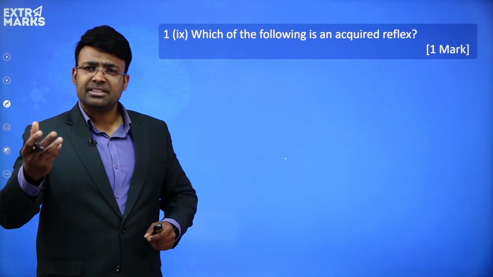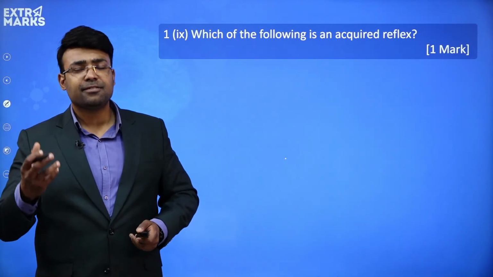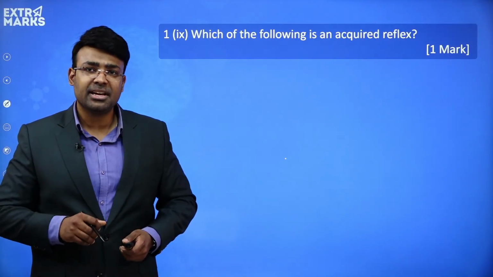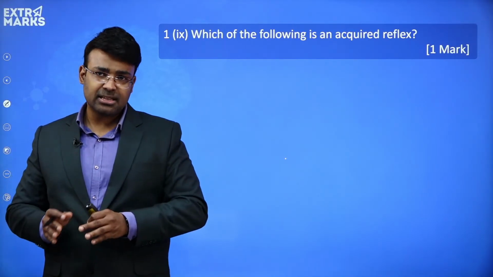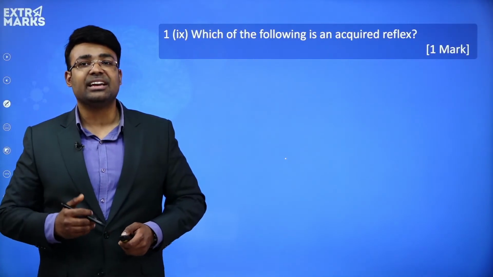That's a reflex we are born with. Or we sneeze, that's a reflex we are born with. The way we eat or engulf things is again a reflex that we are born with. But some reflexes we are not born with, and we acquire them from the environment.